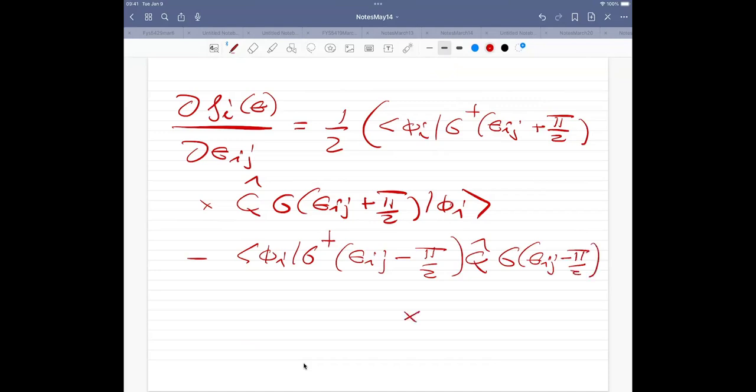And finally, this is multiplied with phi of i, with a final parenthesis here.